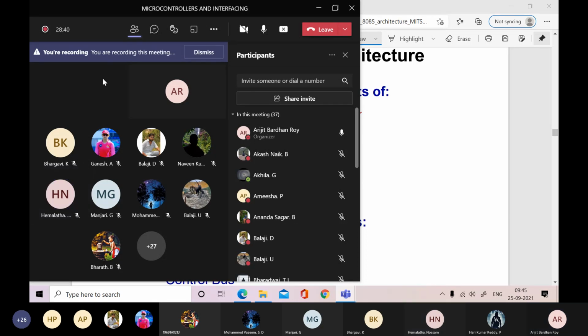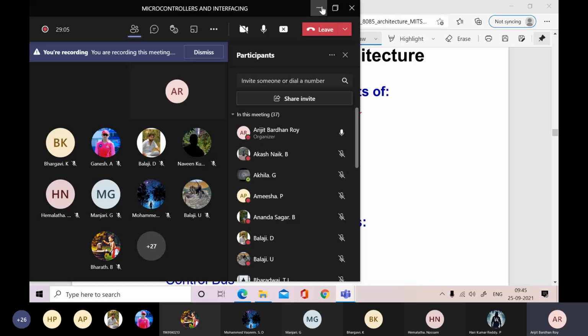Monitor. Speaker. Microphone is also an interface. Yes, microphone is also an input device.